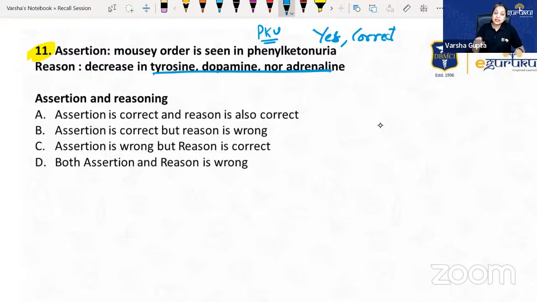This statement is correct independently, but it is not the reason. So what is the option? Assertion is correct, the reason is also correct. Is this reason an answer for this assertion? No, it is not. Assertion is correct, but the reason is wrong. I would pick this because this reason is not the correct reason for the assertion.